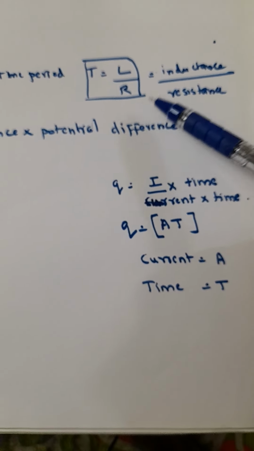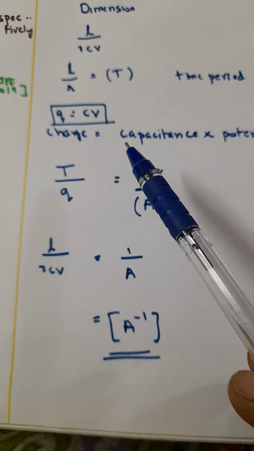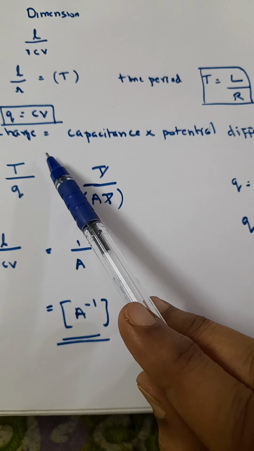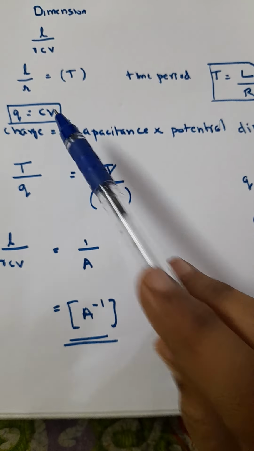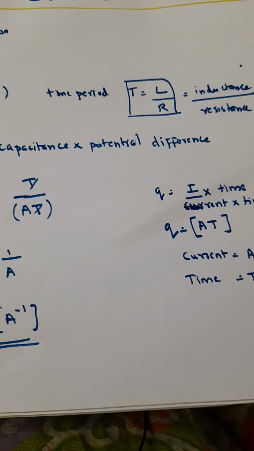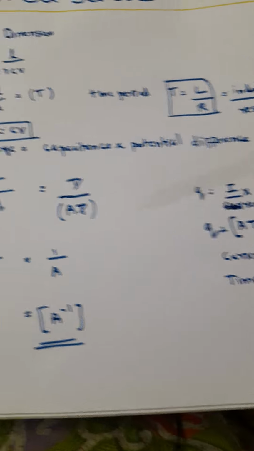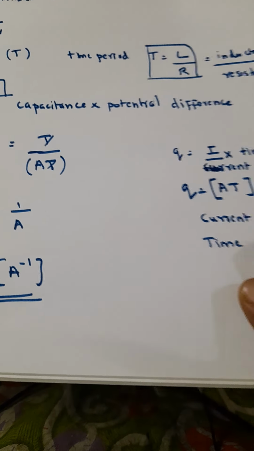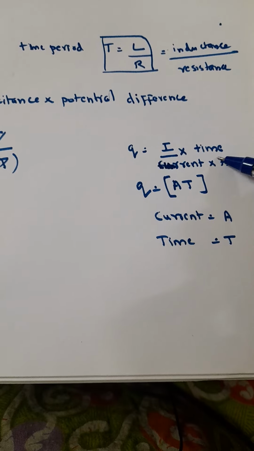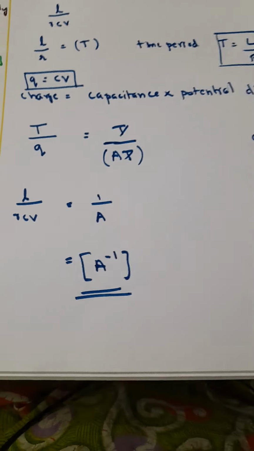And the second thing you have to remember is Q is equal to CV, that is charge is equal to capacitance into potential difference. Now this is easy for you to solve. One more thing is that Q is equal to current into time. So these formulas you just remember.